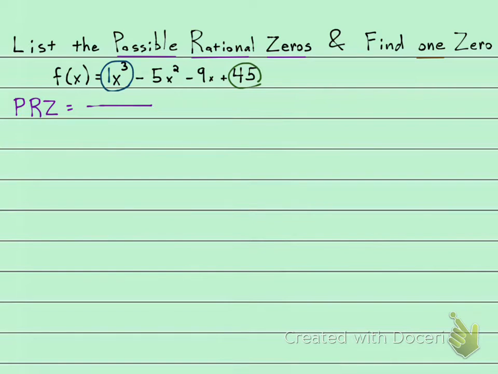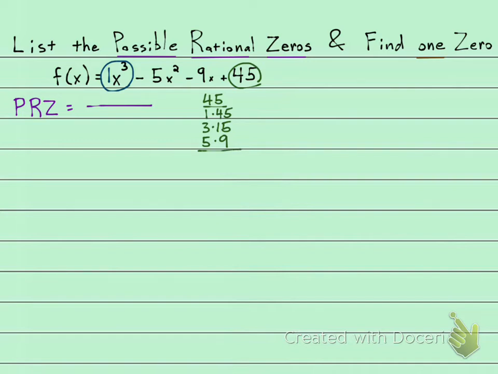All right, so all of the factors of 45, if we need to list them, I'll list them here. I start with the number 1. I like to list my factor pairs. 1 and 45. 2 does not go into 45. 3 and 15. 4 does not go into 45. 5 does. 5 and 9. 6, 7, and 8 do not go into 45.